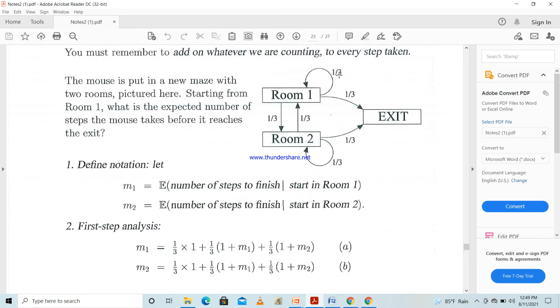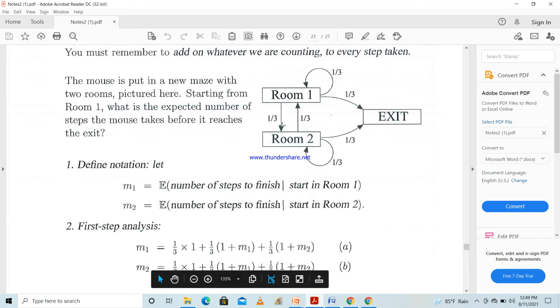The probability is 1/3, but it will come back to the same point. So we used one step and come back to room number 1, and then again we are in the initial stage. That is, again we have to think about the expected number of steps that we have to spend in order to get out, given that the mouse is in room number 1, that is M1. So that is why here we have 1 plus M1.